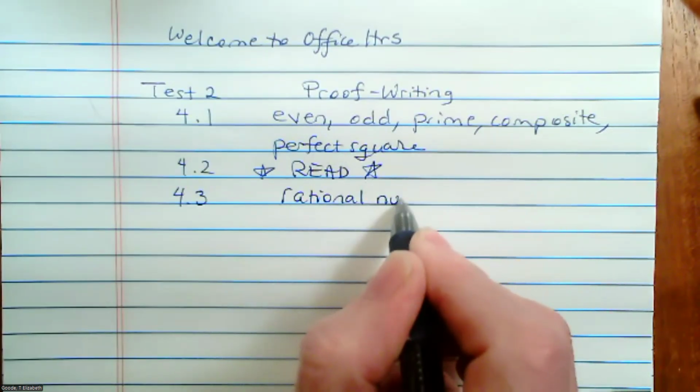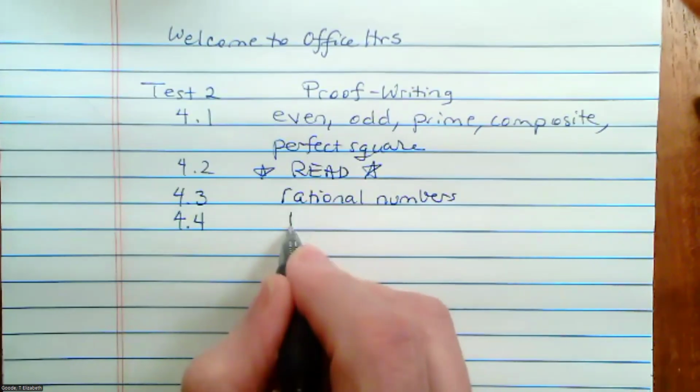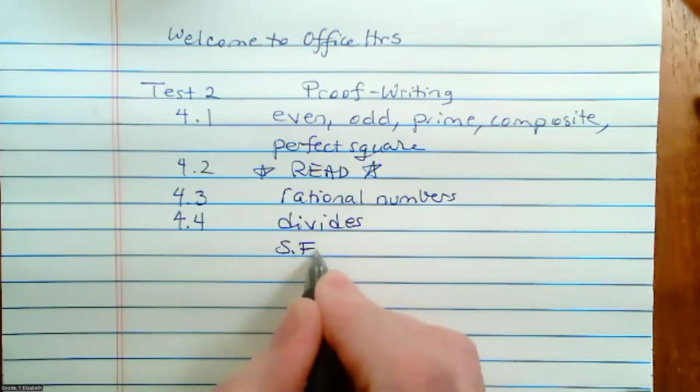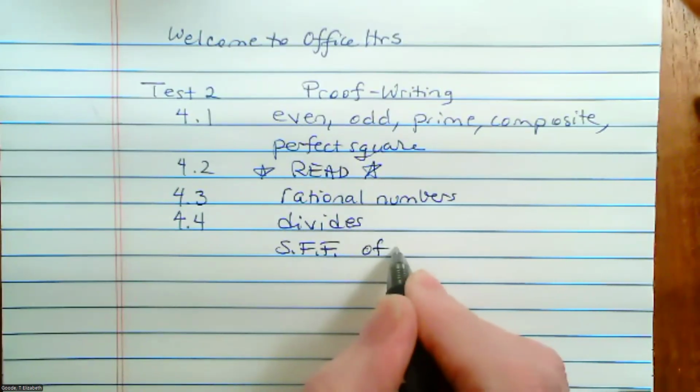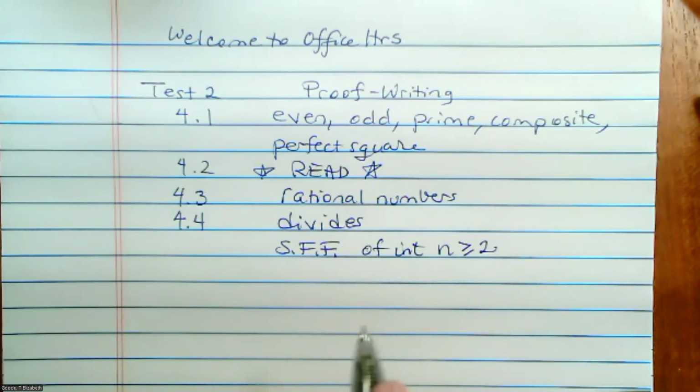And then 4.4 was about the concept of divides and standard factored form of an integer n greater than or equal to 2, right?